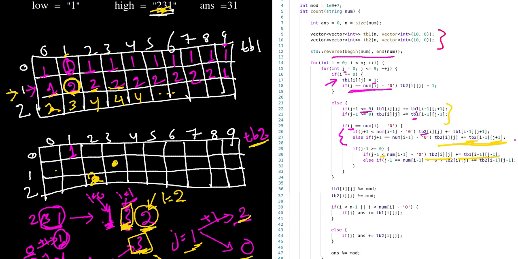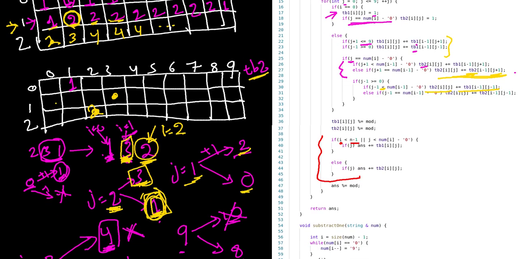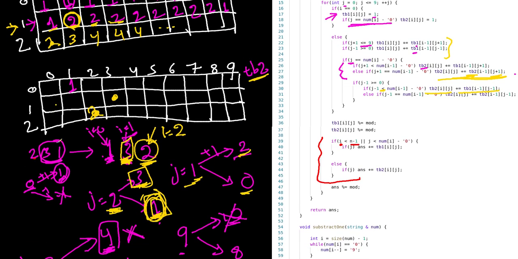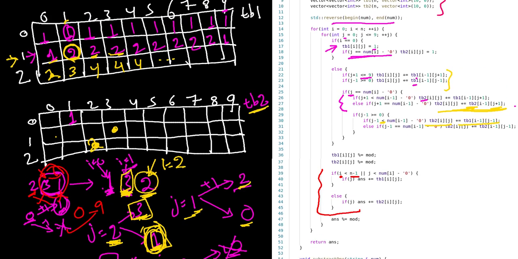Now notice here what we add to the answer is when the value or the index is less than the last index. So for all the indexes less than the last index, the value we take from TB1, because no matter what's the value here between 0 and 9, it should be valid.